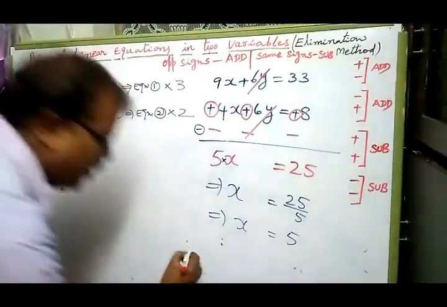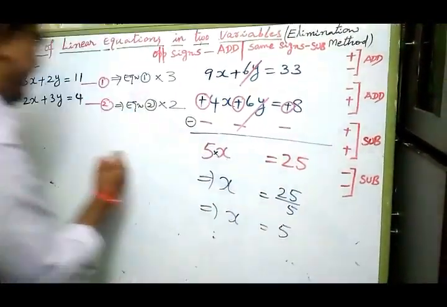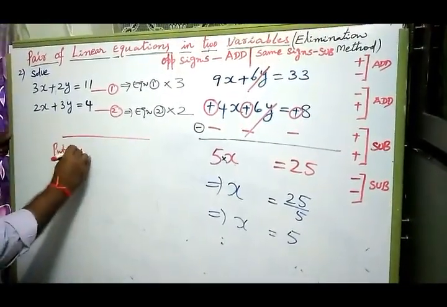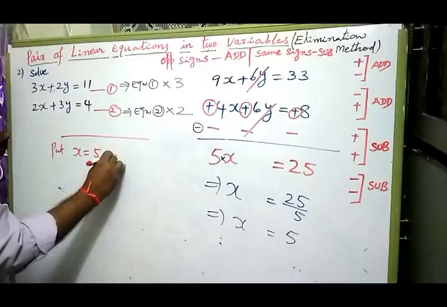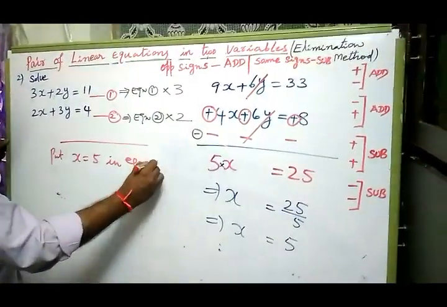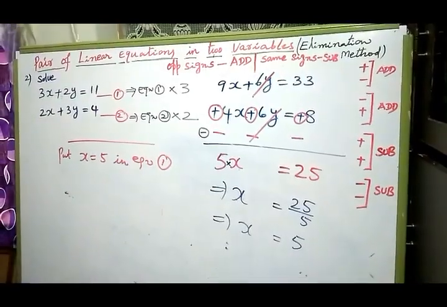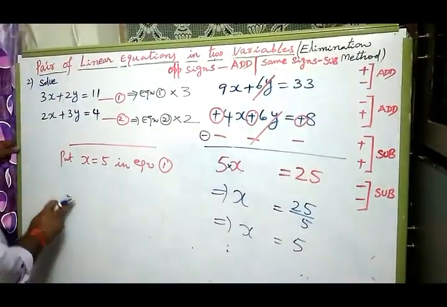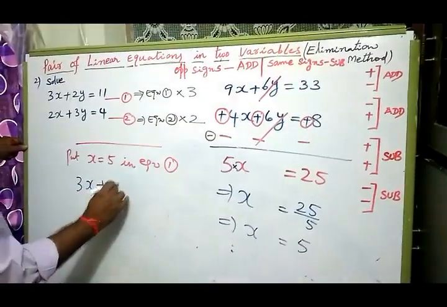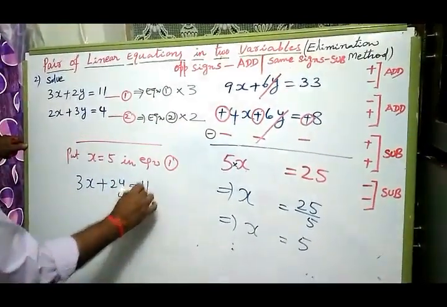Anything, no problem. Put x is equal to 5 in equation 1 or 2, no problem. Equation 1: once again I am writing the equation, 3x plus 2y is equal to 11.